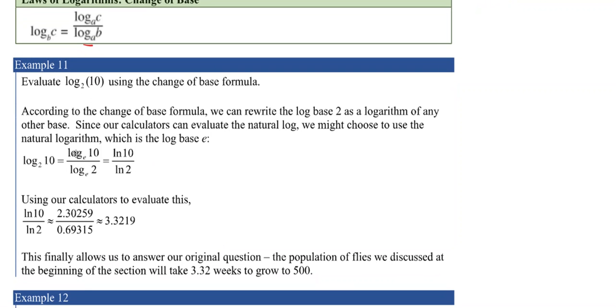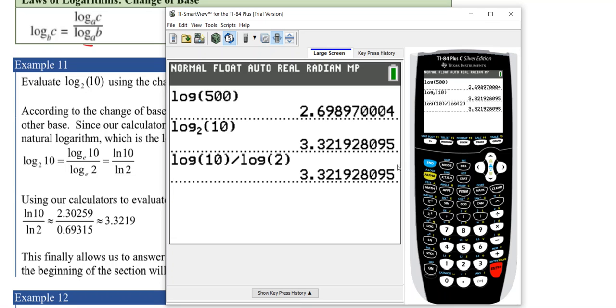Now, this one's saying that if we had log base 2 of 10, we could write that as log base e of 10 divided by log base e of 2, which is really just the natural log of 10 over the natural log of 2. So that's no different than what we just did here.